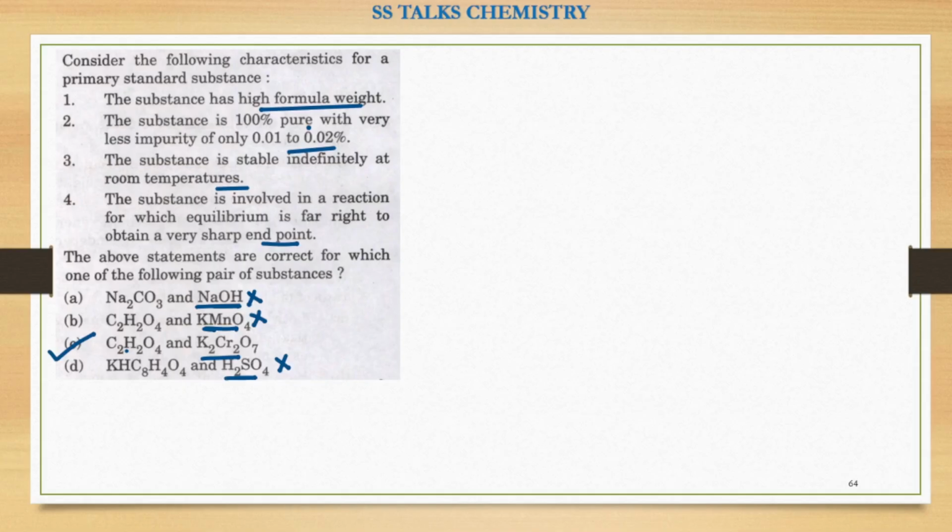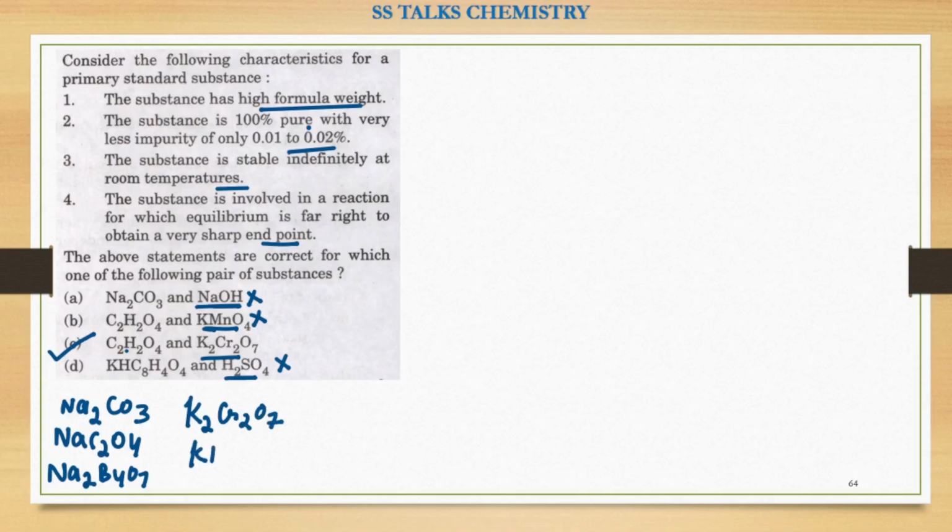Okay. Some more examples of primary standards you can write: sodium carbonate, next sodium oxalate Na2C2O4, next sodium borate or borax Na2B4O7, potassium dichromate K2Cr2O7, next KBrO3, next KIO3, or you can have arsenic oxide As2O3.